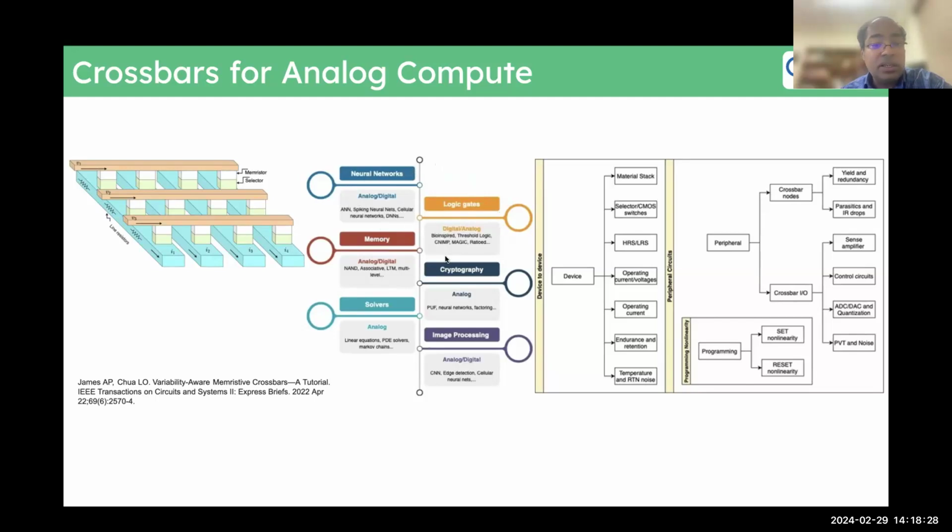You can create generalized logic gates. We can create memories, NAND or associative memories, LTM, and so on and so forth. We can use it for cryptographic applications to generate keys or to solve factoring problems.